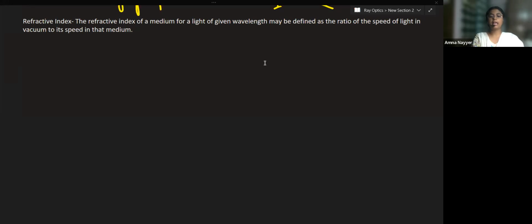So what will happen? That is known as the optical density. Now, if I am able to measure that optical density, how much denser a medium is, you have rarer and denser medium, that's a different thing. Normal density is different. The way we have density of water as 1000 kg per meter cube, the refractive index of water is different.